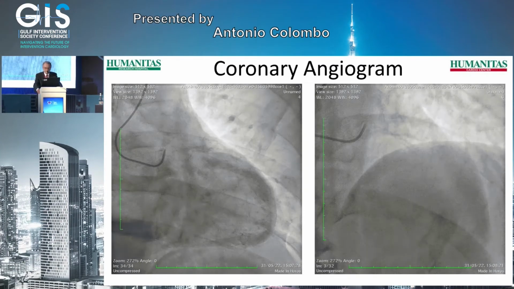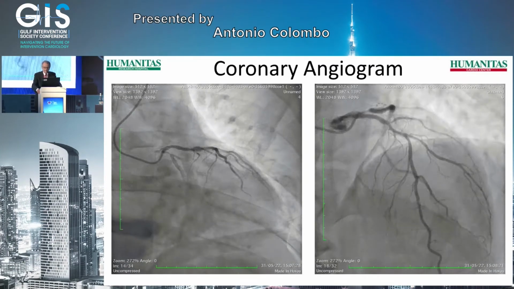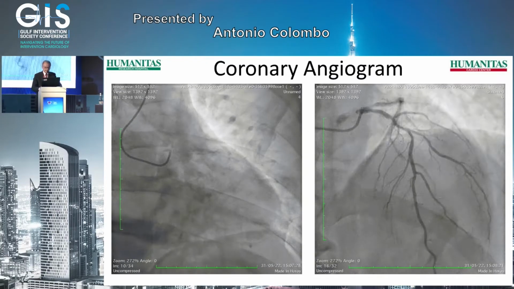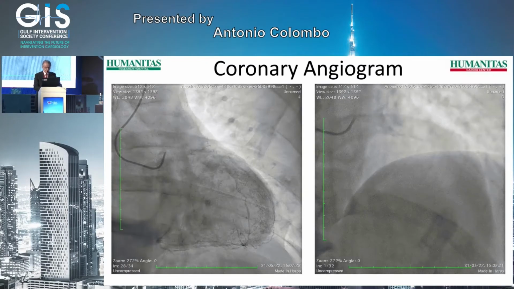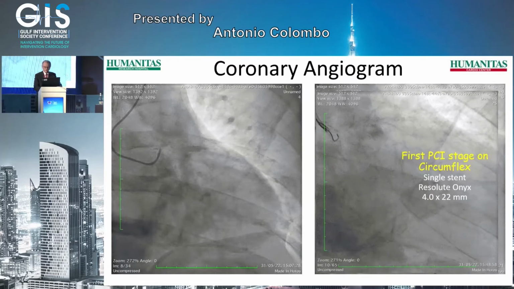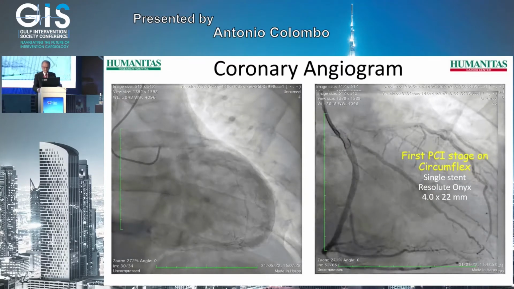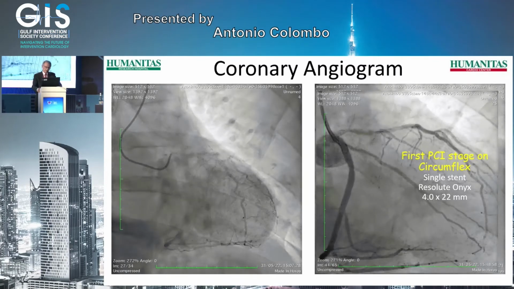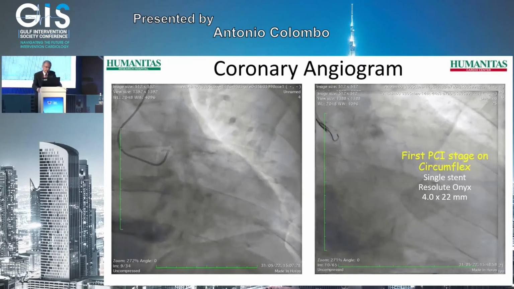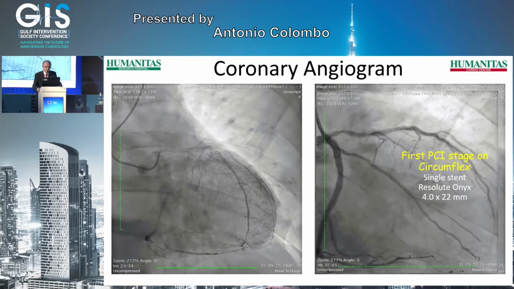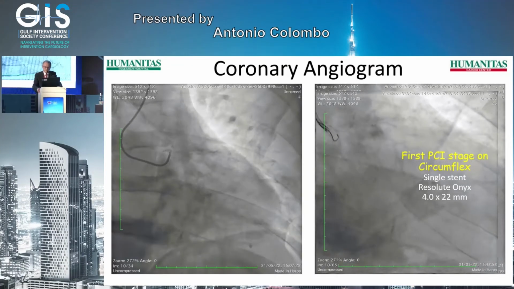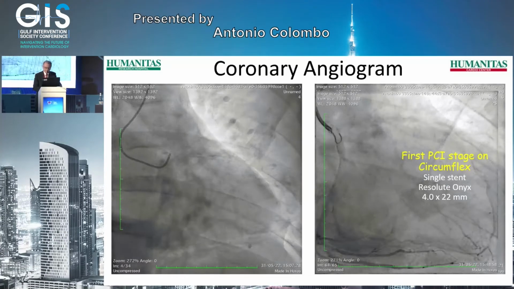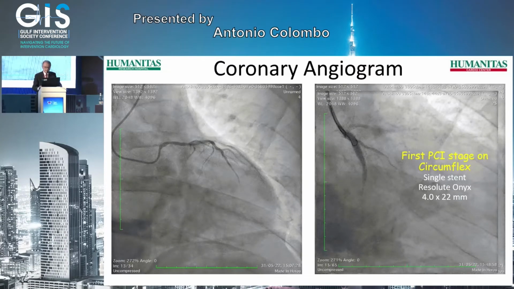The circumflex is dominant, and there is a long diffuse disease on the LAD. The patient was treated in two sessions. One session was stented. The ostium of the circumflex is basically no left main, like 2 separate lumens with a single stent, 4 millimeter, and then we tackled the LAD.